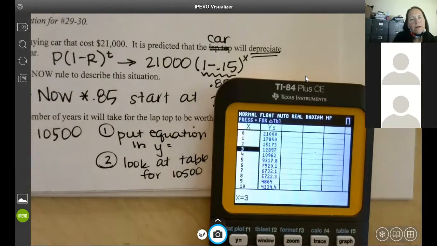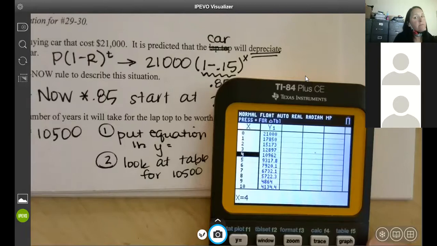Keep looking at Y1. When does it get to be at least half? At 4 years, it's at 10,962. Is that halfway yet? No. So when does it finally get there? How long does it take before half is left?